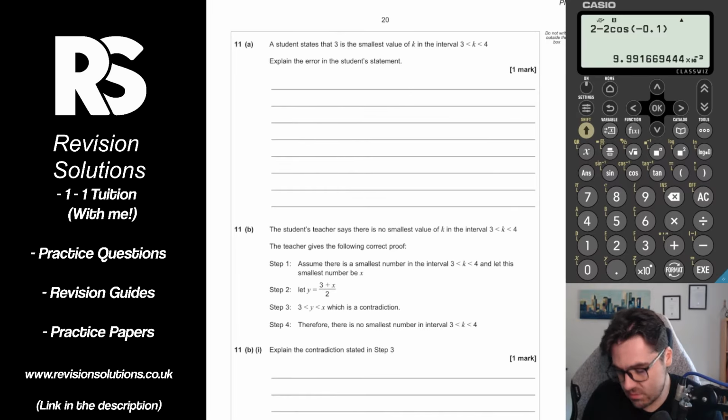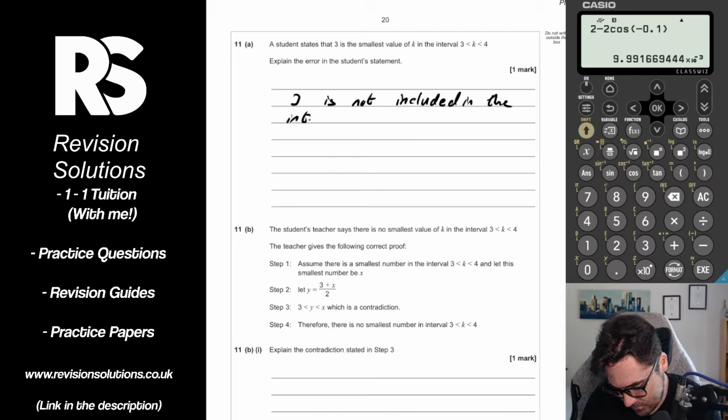So the problem is 3 is not included in that interval, as k being greater than 3 is strictly greater than. So it's not inclusive. If it was greater than or equal to 3, then he would be correct.